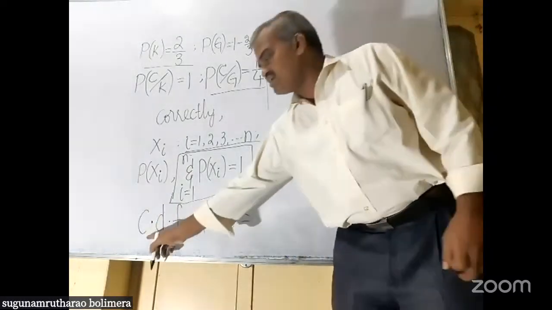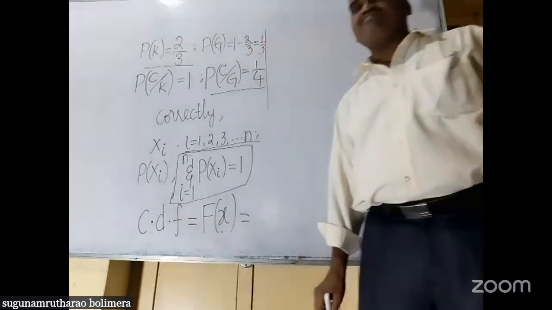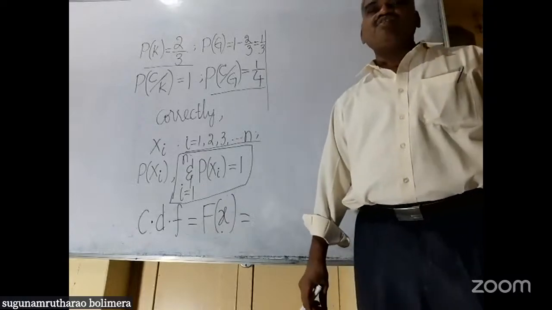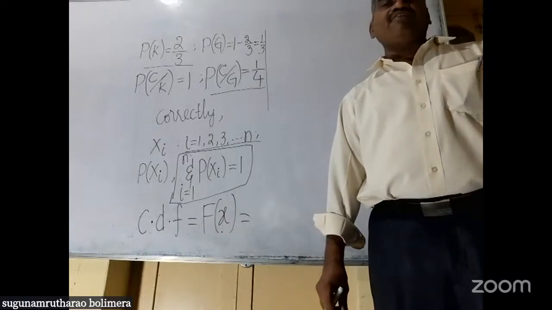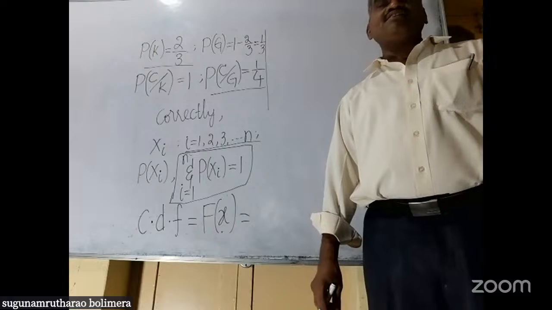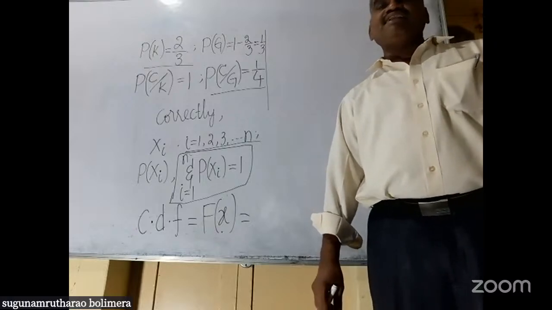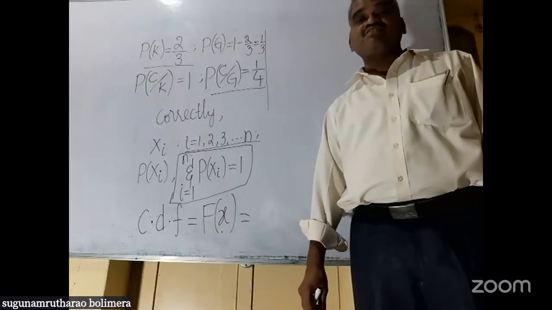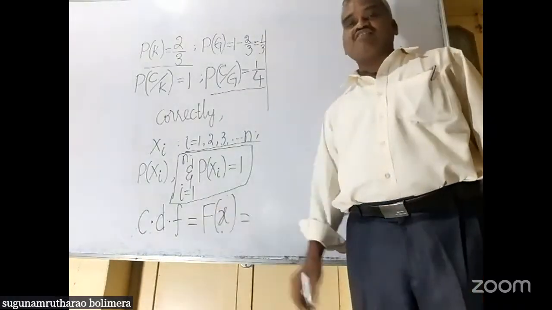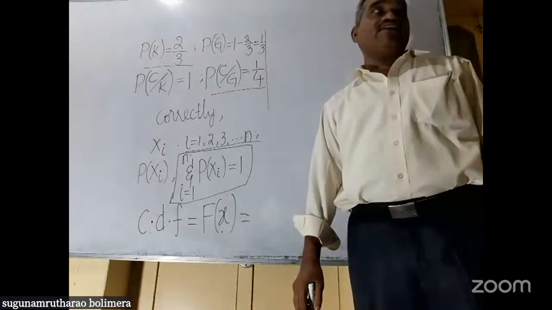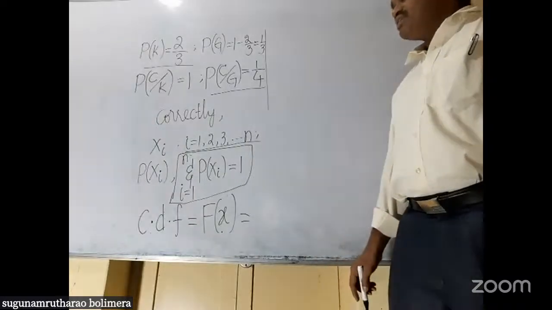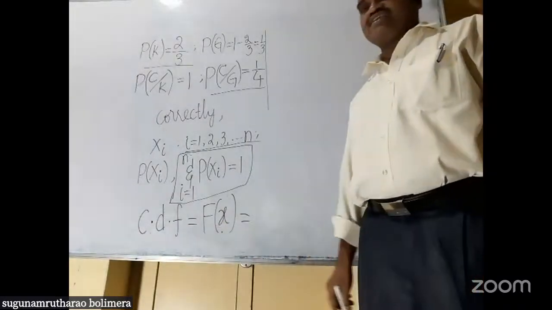And the cumulative distribution function is denoted by capital F of x.